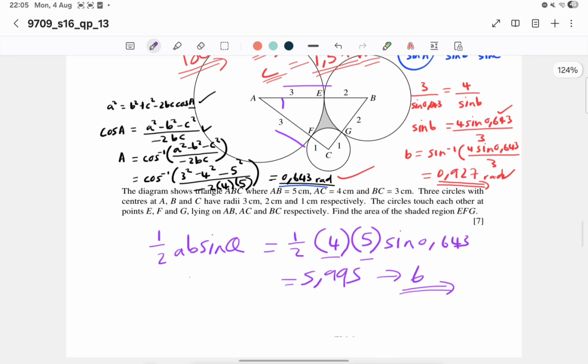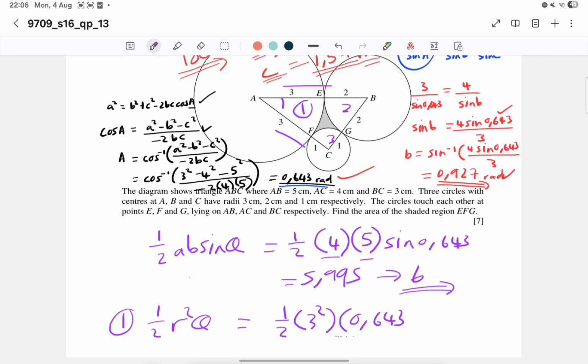And the areas of the sectors, starting with this one. Area of sector 1 is half r squared theta, which is half, and the radius of that circle is 3, so 3 squared, then the angle at A is 0.643.